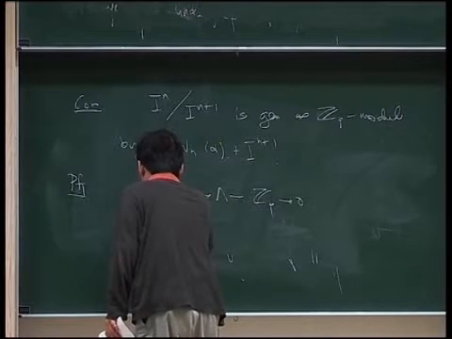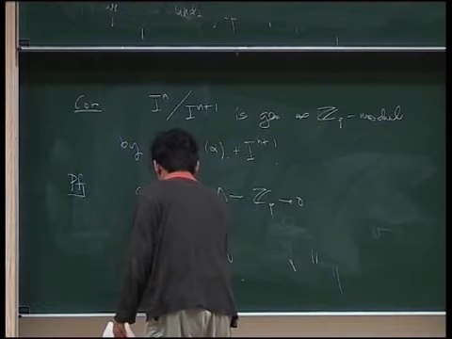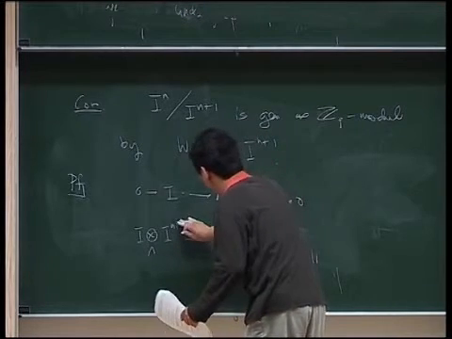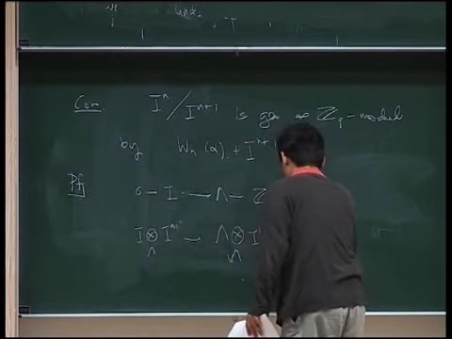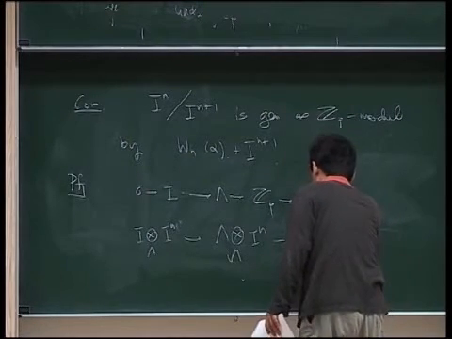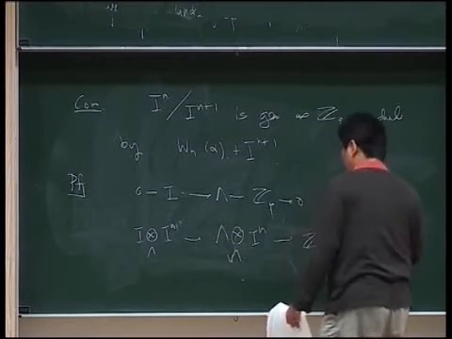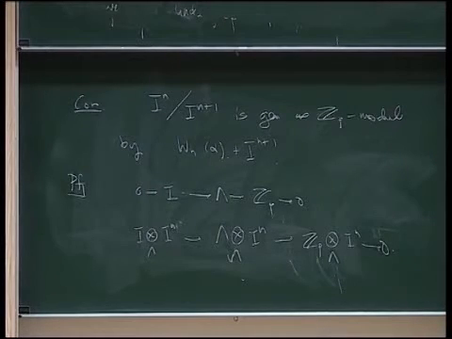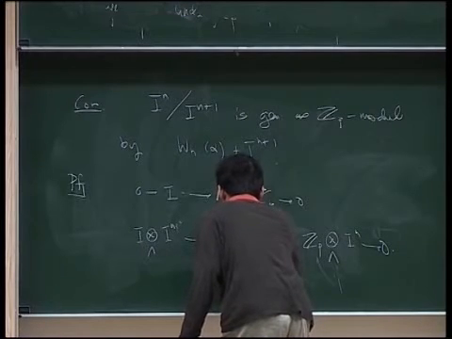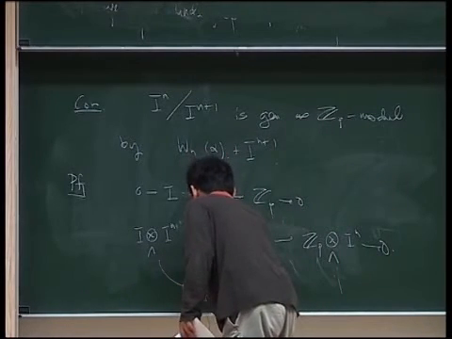So what we'll get is I tensored over lambda with I^n goes to lambda tensored with I^n, goes to Z_p tensored over lambda with I^n, goes to 0. So it's still surjective. And of course, this is tensored over lambda, just algebraically. So this gets identified with I^n, and the image of this will be I^(n+1).